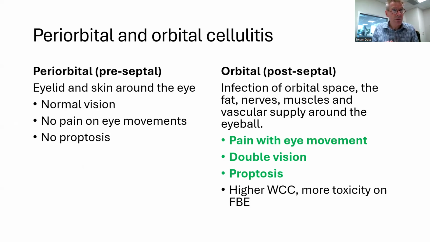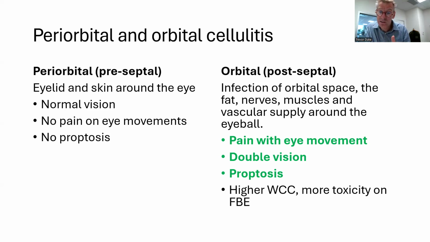Now, I think these are three features that are often taught, but actually they are quite hard to examine in a child, especially a child who's got a swollen eyelid such that they can't open their eye. It becomes quite hard to know if they've got proptosis or if they've got pain on moving their eye. And if they're a young child, it becomes hard to do so. But they're the three clinical features of periorbital cellulitis and not orbital cellulitis.